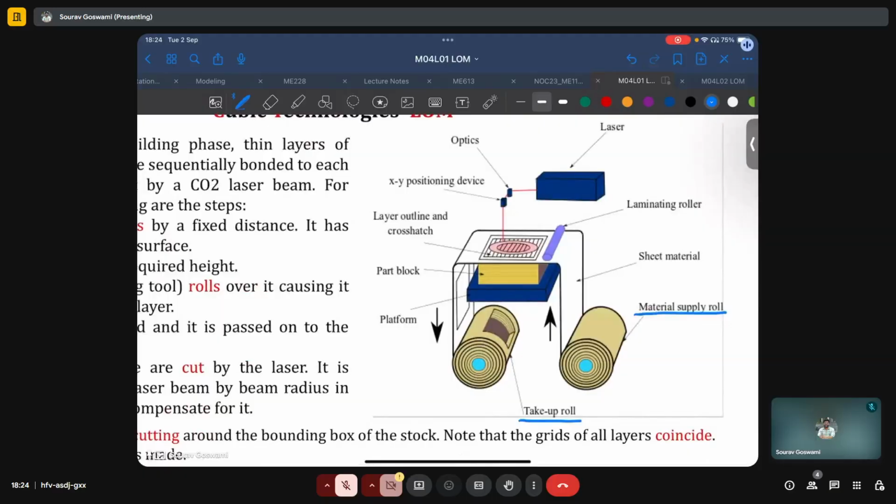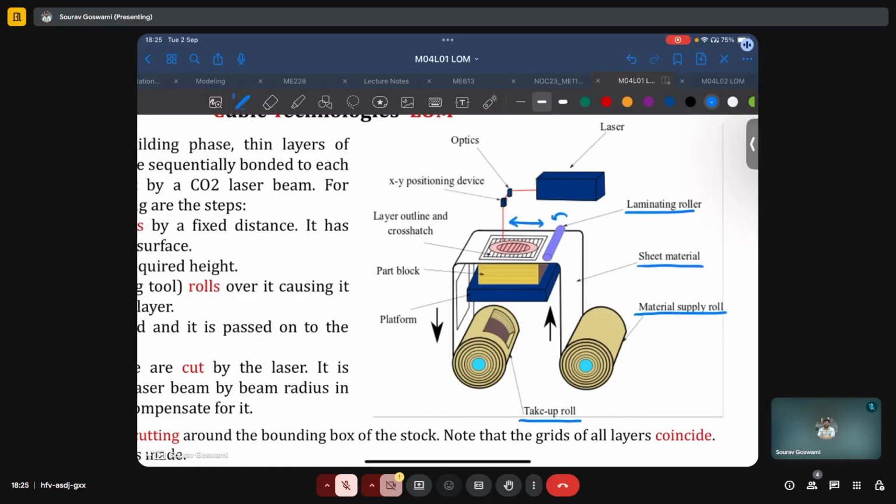The material, as we already know, is available in the form of a sheet, and it is rolled over this region where the printing happens. There is this laminating roller. In fact, there may be a pair of such rollers which rotates and goes over this region of interest.